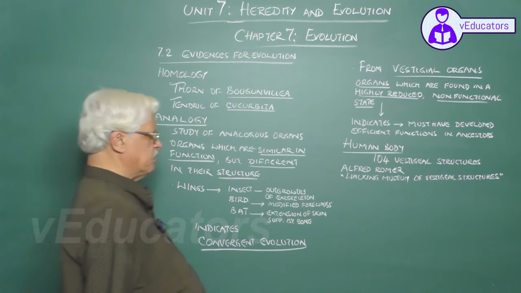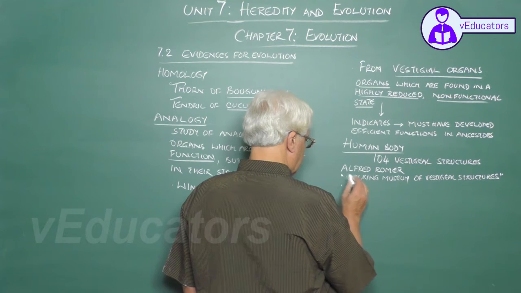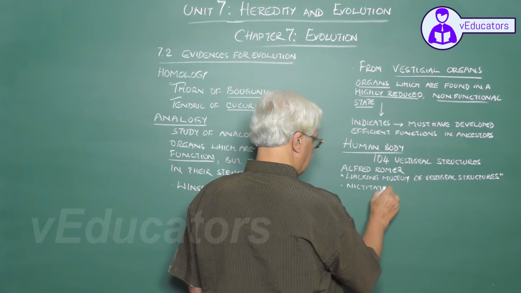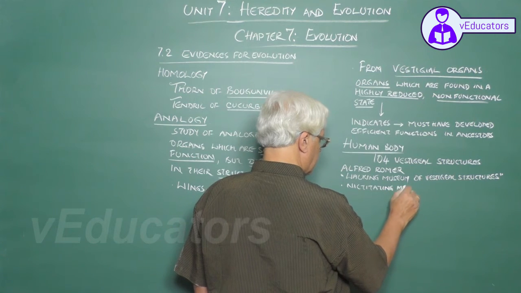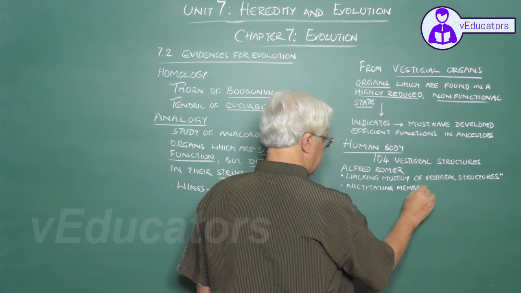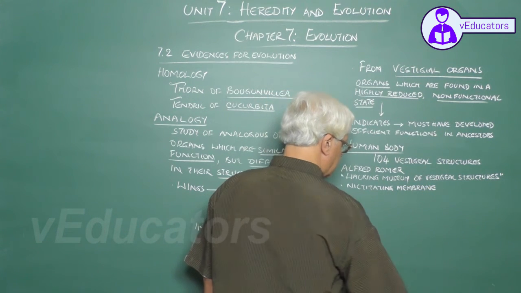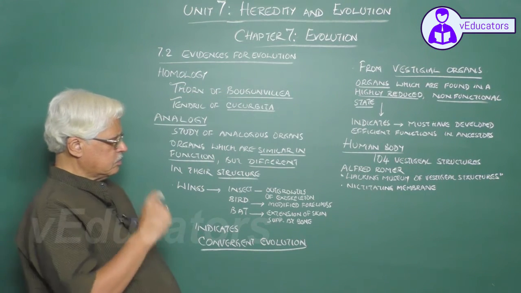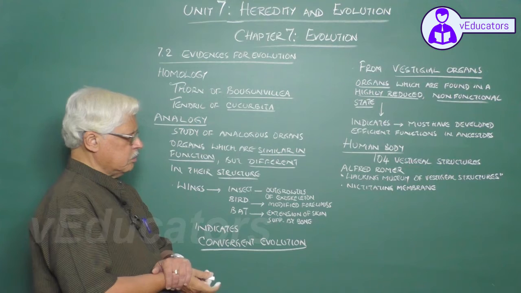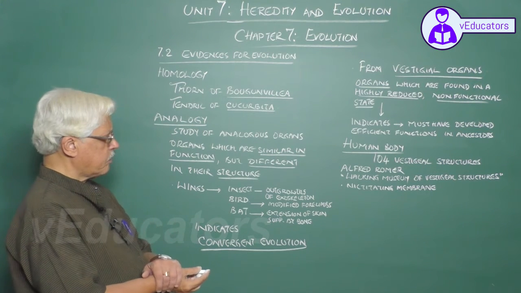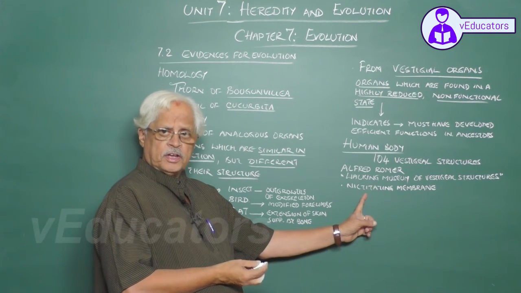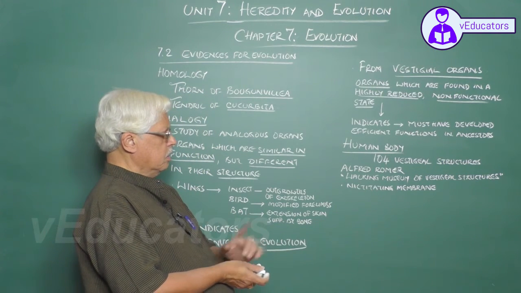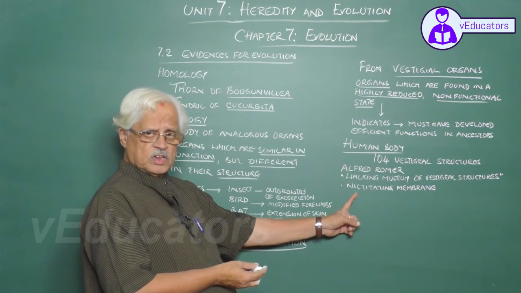To give a few examples, we have a tiny transparent membrane towards the corner of your eye, nictitating membrane, an example of vestigial structure.